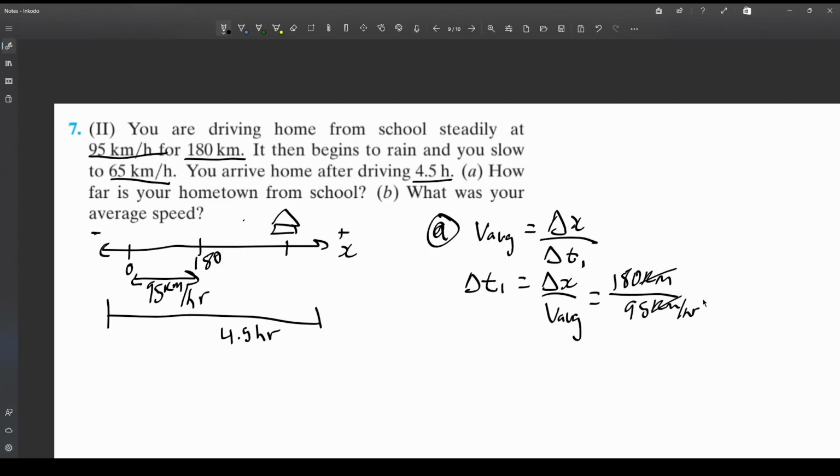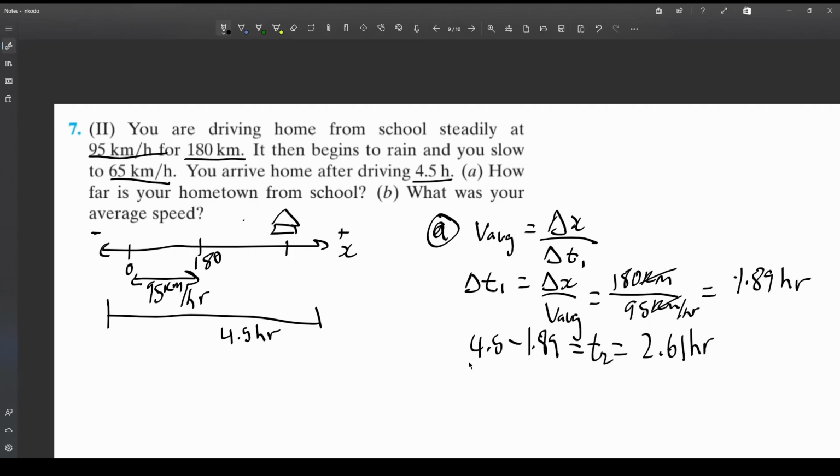So kilometers cancel out, and we get that it was about 1.89 hours. If it's 1.89 hours, we can solve that the second time is 4.5 minus 1.89, which is equal to 2.61 hours. That means that you were driving at 65 kilometers per hour for 2.61 hours.